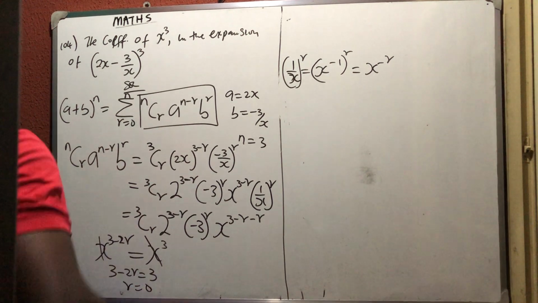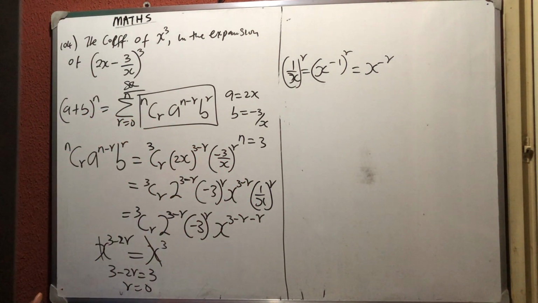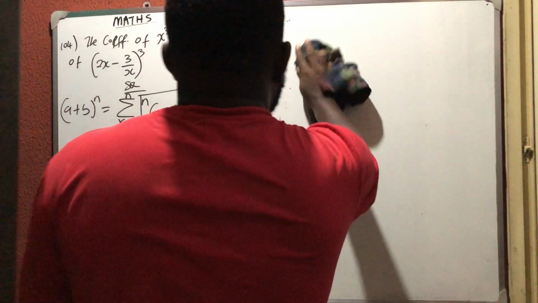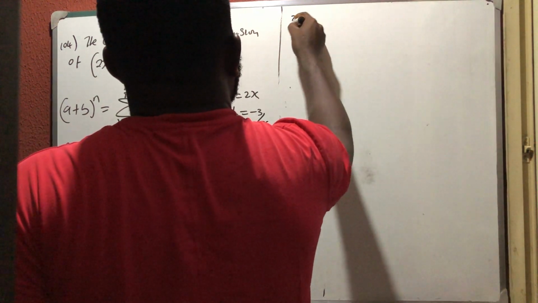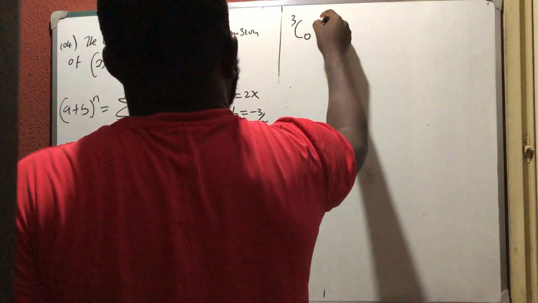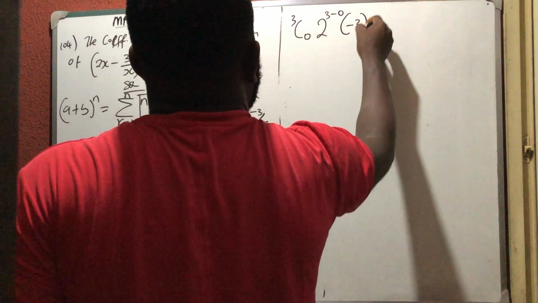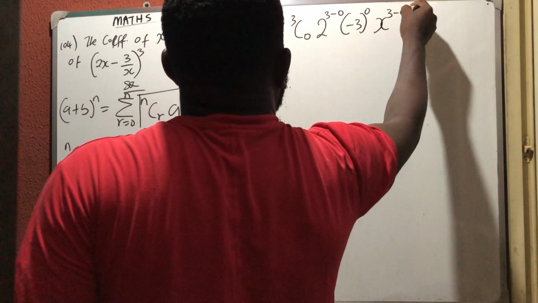So if r is equal to 0, I'm going to have 3 combination 0. Can we find 3 combination 0? Yes, it's possible. So if r is 0, I have 3 combination 0, 2 raised to power 3 minus 0, then minus 3 raised to power 0, then x raised to power 3 minus 0 minus 0.